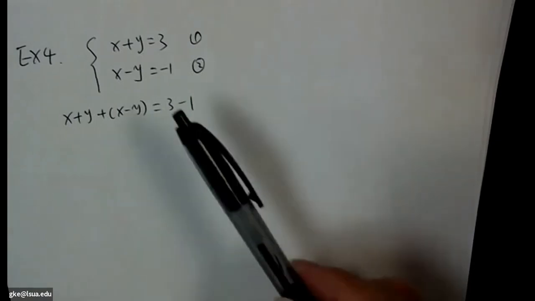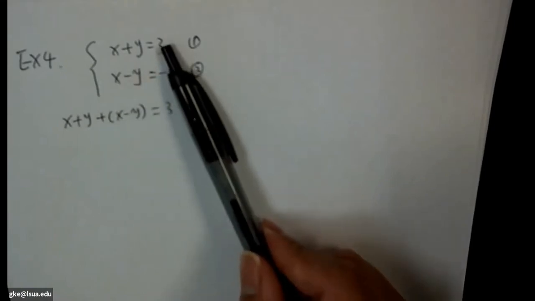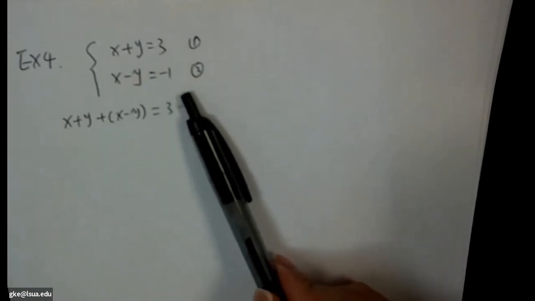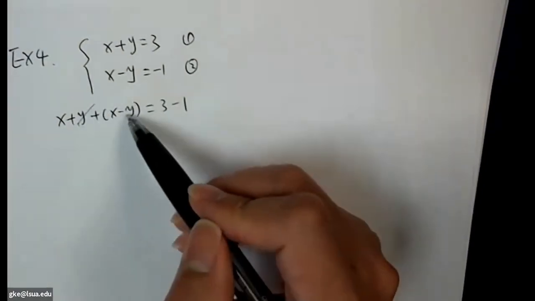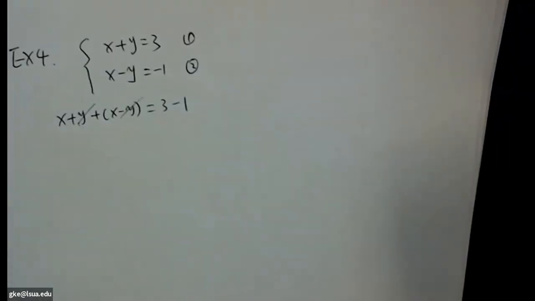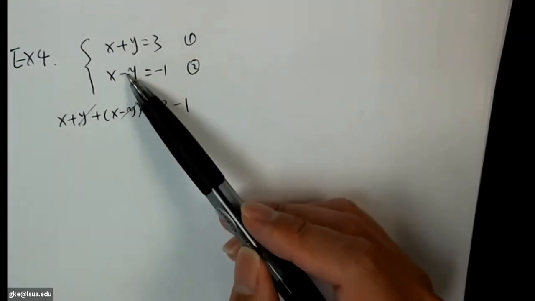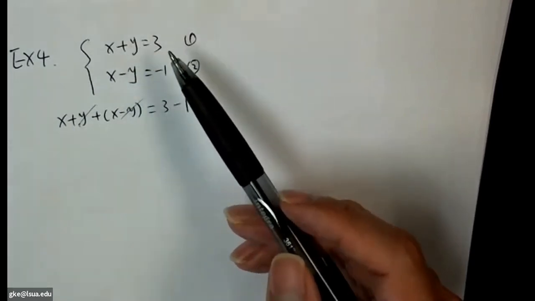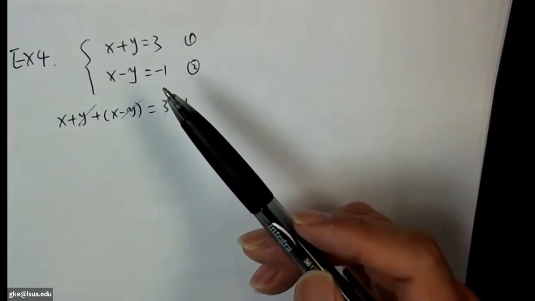We can see y and -y cancel out. That's the purpose. If we do elimination, we always try to eliminate one variable. Because here we have 1 and here is -1, we can add them together. If it's not 1 and -1, you probably need to multiply the coefficients in order to do the elimination.